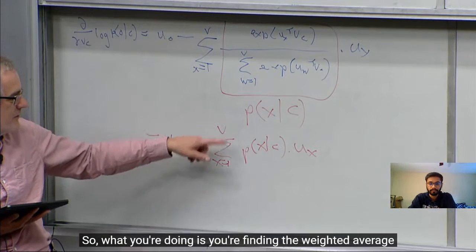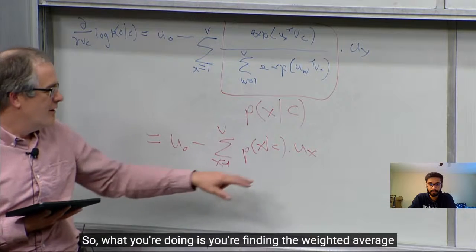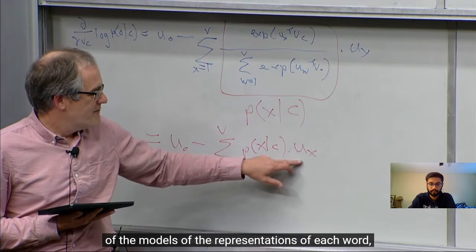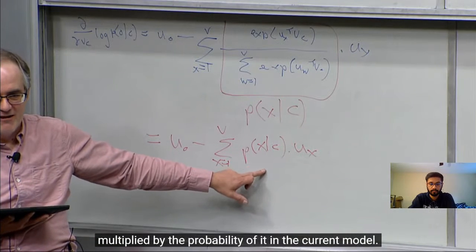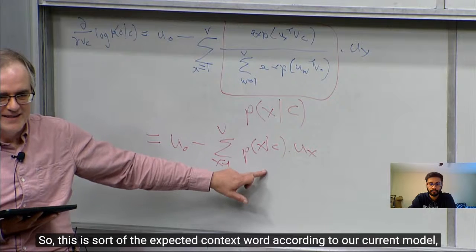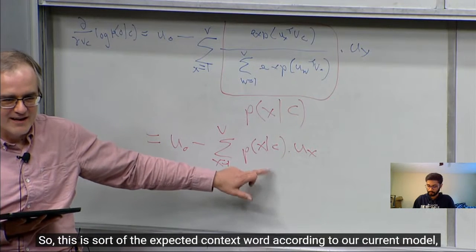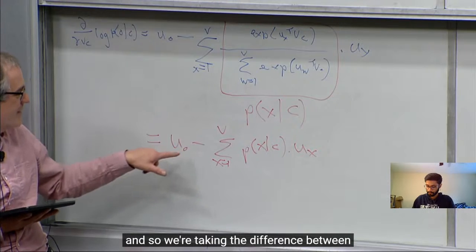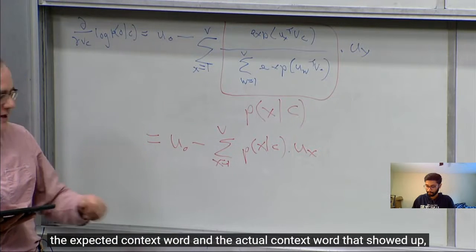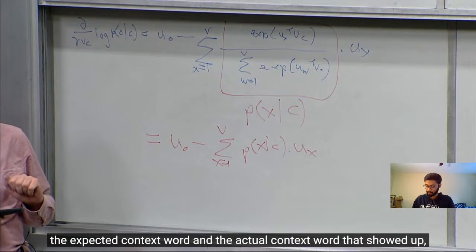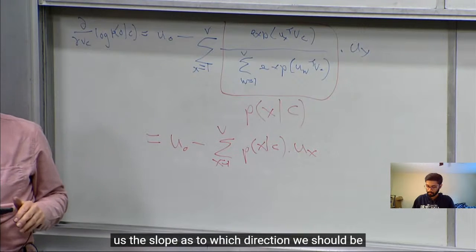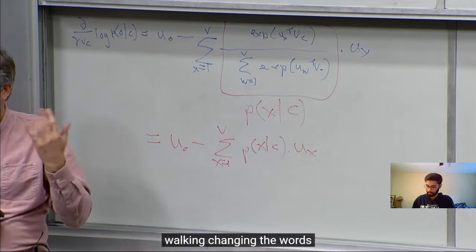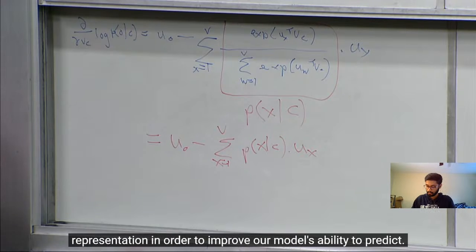So what you're doing is you're finding the weighted average of the representation of each word multiplied by the probability of it in the current model. So this is the expected context word according to our current model. And so we're taking the difference between the expected context word and the actual context word that showed up. And that difference then turns out to exactly give us the slope as to which direction we should be walking, changing the word's representation in order to improve our model's ability to predict.